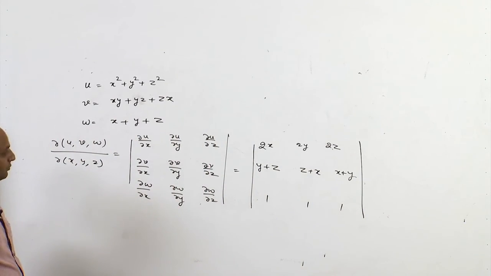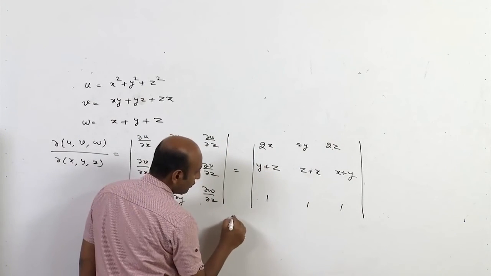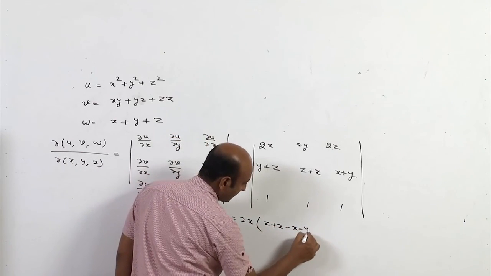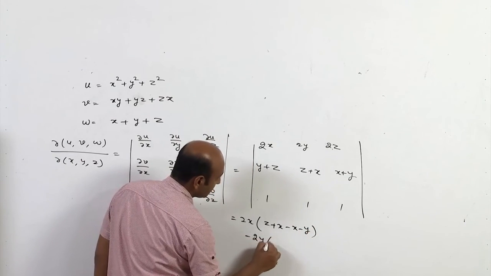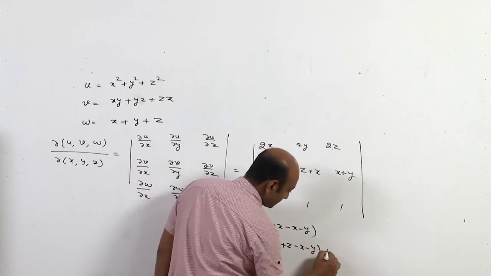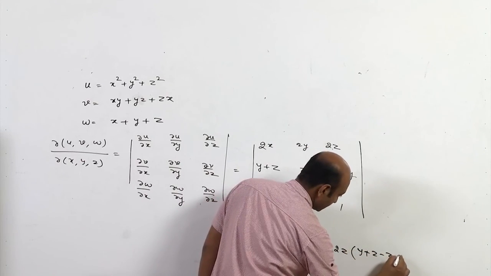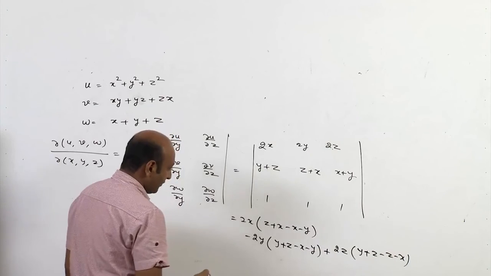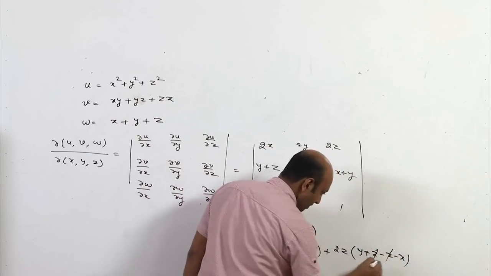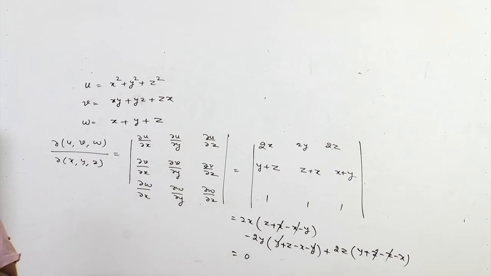Now, when you simplify this, we get 2x times (z plus x minus y minus z) minus 2y times (y plus z minus x minus y), plus 2z times (y plus z minus z minus x). When you simplify this, this will cancel out, and you will get 0. So, the Jacobian of this is 0.